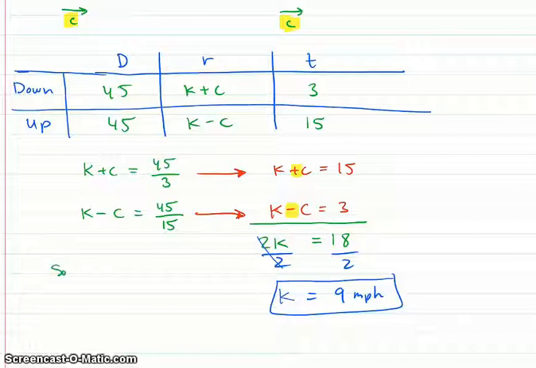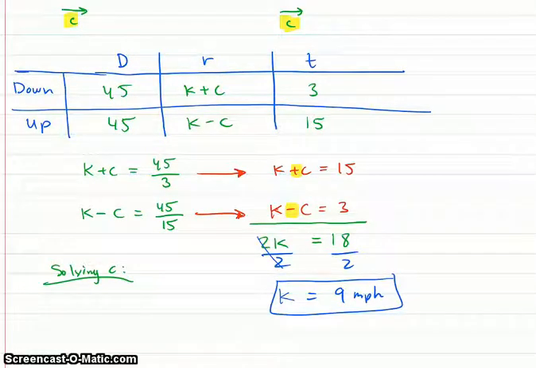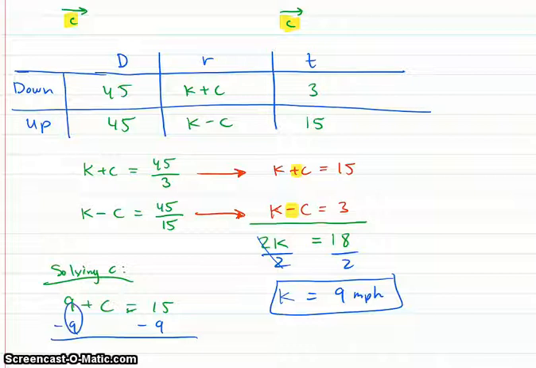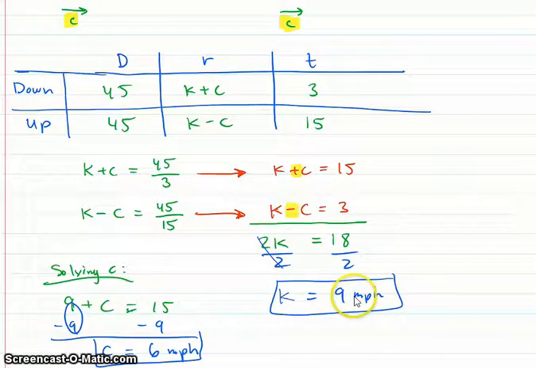This is solving for C. We get 9 plus C is equal to 15. Subtract 9 from both sides to solve for C. We get that C is equal to 6 miles per hour. So the speed of the kayak is 9 miles per hour. The speed of the current is 6 miles per hour.